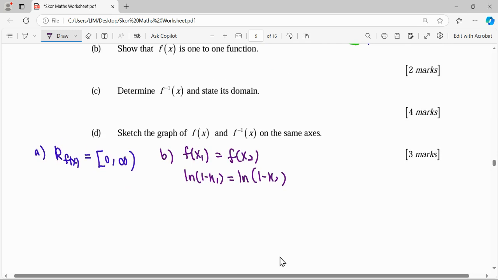Then you unlock your ln, find out your x1, so move it. So your x1 will be equals to x2, therefore this function is a one-to-one function.